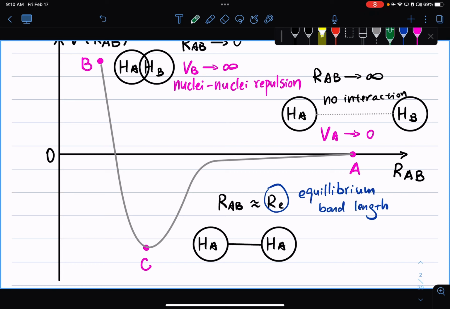And in this position, we have our potential energy roughly equal to dE. And that's the minimum energy on your Morse potential surface. All right, so if we draw a line here, that's dE.